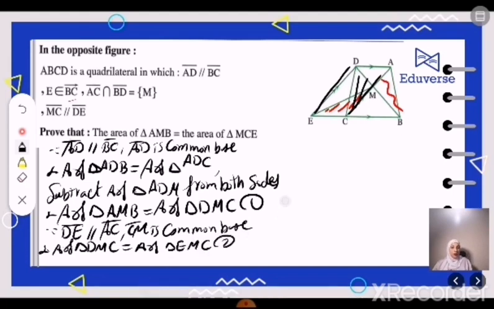This is number 2, and you of course can notice that there is a triangle common between them, DMC, and also there is DMC here. I can just remove this common one, then area of triangle AMB will be equal to area of the triangle EMC, which is the same as MCE, by the way. So that's what he's asking you to prove here.